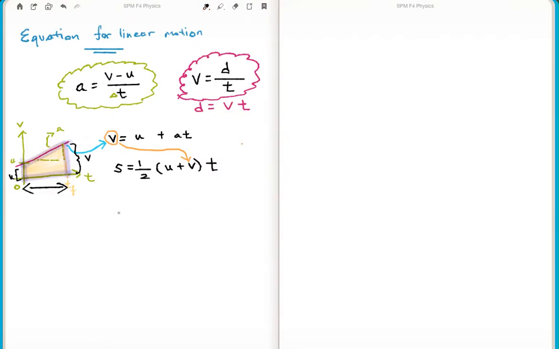They will tell you to memorize it, but actually you don't need to. If you substitute, multiply in the half times t, and rearrange, you get a new equation, which is s equals ut plus half at squared.